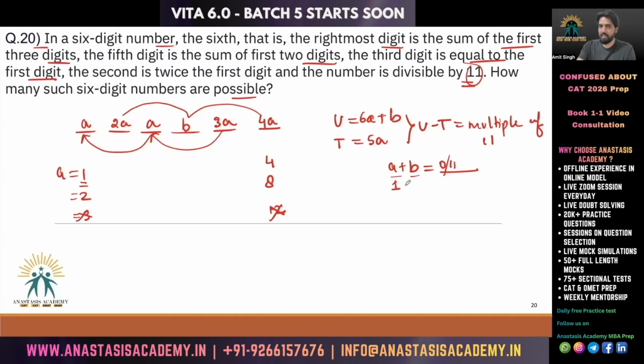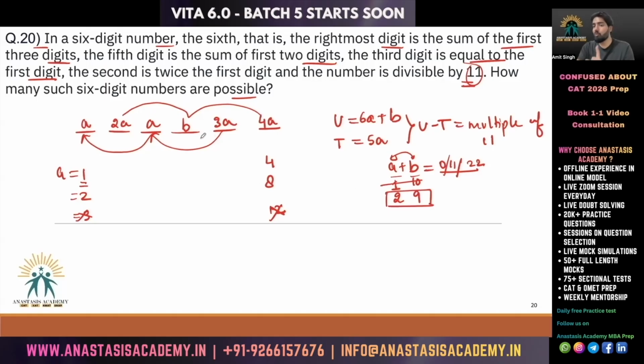If a is 1, I can take b as 10, which is not possible. But if a is 2, I can make b as 9, so that this sum is 11. Can I make it a different multiple? Can I make it 22? No. The maximum sum of two digits could be 18, so it cannot reach 22. So the only value possible is a is 2 and b is 9.